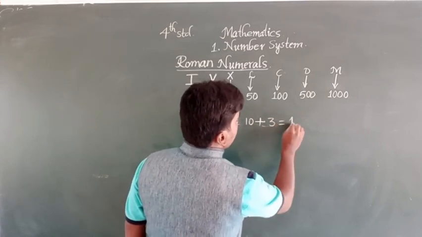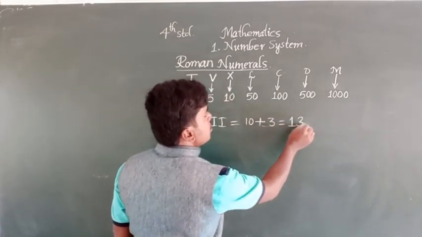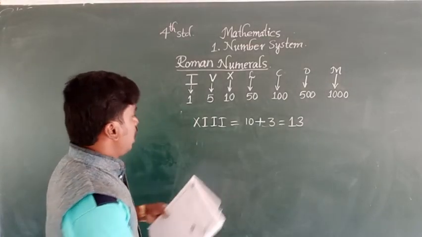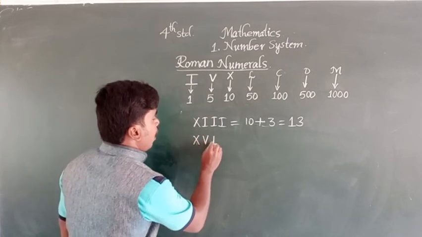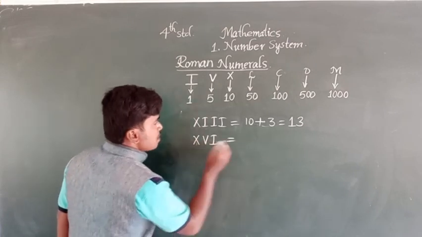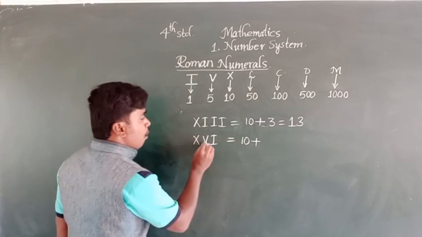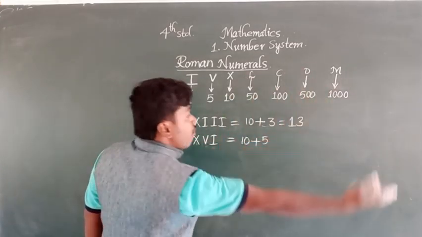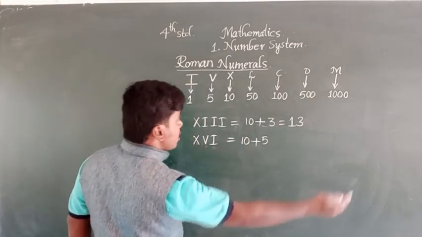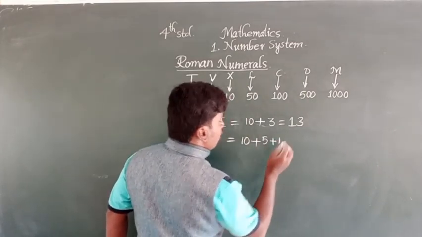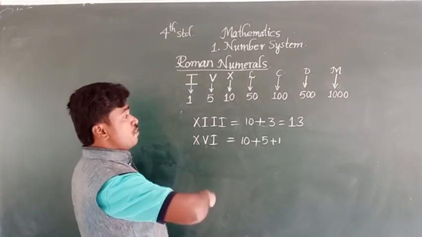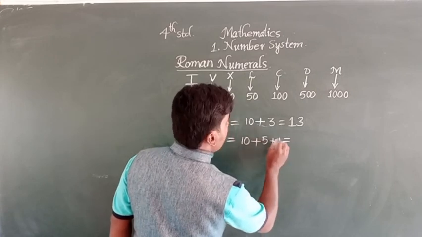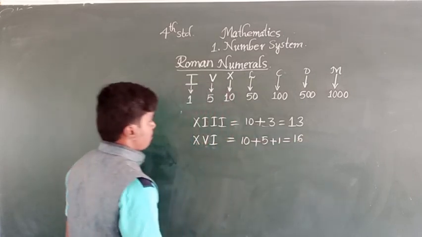It is 13. 10 plus 3 is 13. Am I right? Yes. Then XVI. Observe here, X means 10 plus V means 5. Here, if the smaller number is written on the right side, then you should add it. If the smaller number is written on the left side, you should subtract it. So 10 plus 5 is 15 plus 1 is 16.